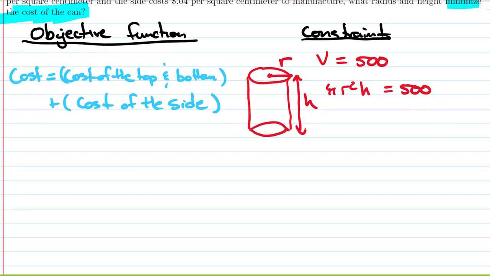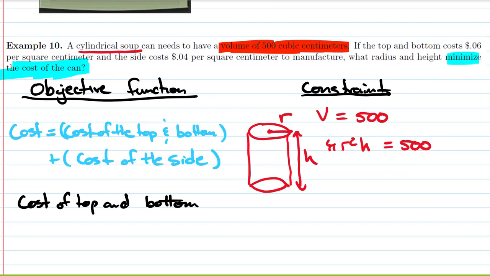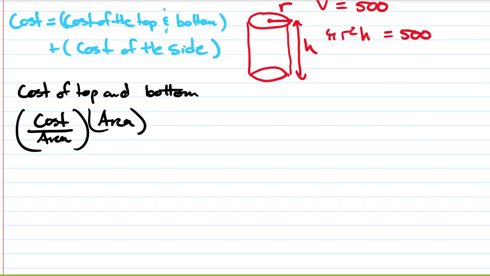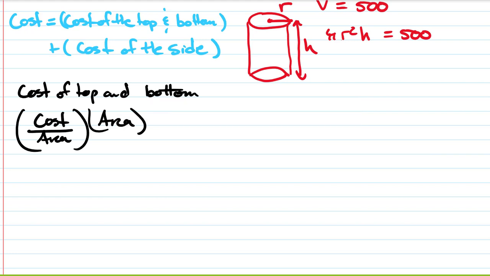So to find the cost of the top and the bottom, well, it's cost per area, which is going to be its cost over area times the area, because then the areas would cancel out and it would give us what we need.